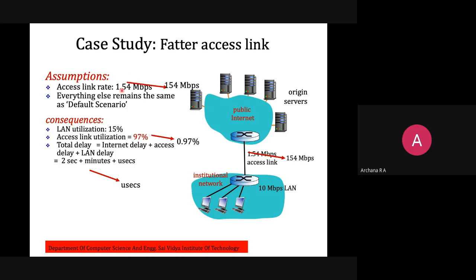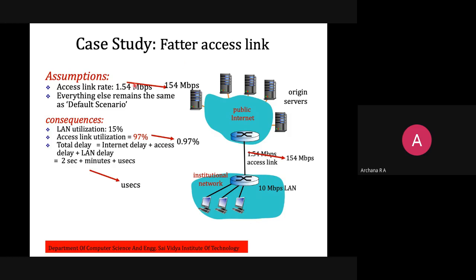Initially the access link rate was about 1.54 megabits per second. What it says is, fatter your access link, means expand your access link, increase the access link rate, so that your access link utilization, in the sense traffic intensity, in the sense delay, you can reduce.